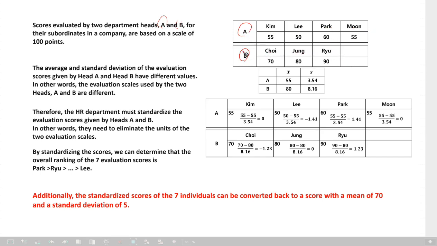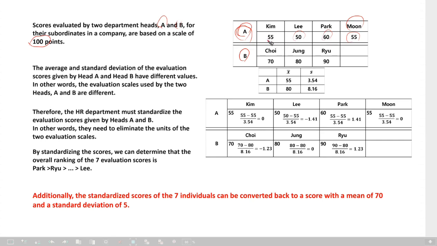They give scores for evaluation out of 100 points. To Kim, A gives 55. To Lee, A gives 50. For Park, 60. Moon, 55. That kind of scale. He has a scoring scale, okay?